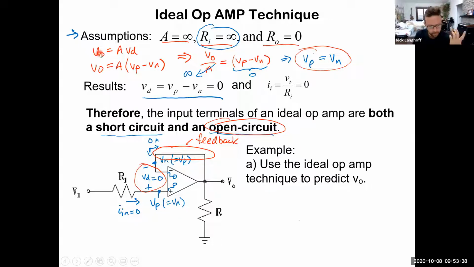The output voltage is the gain times the differential input voltage, VD, which is just the difference between VP and VN. If the gain is infinite, then the only solution is that VP minus VN must be 0. In other words, VP is equal to VN. We refer to that as the op-amp action.